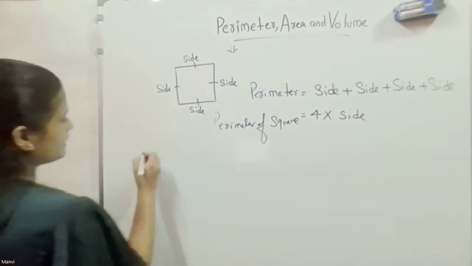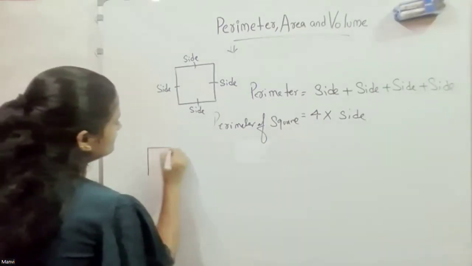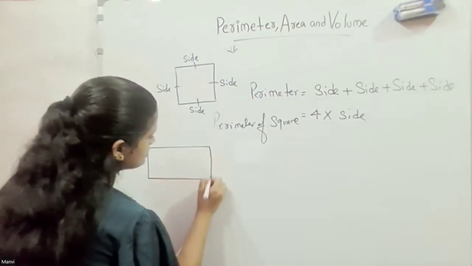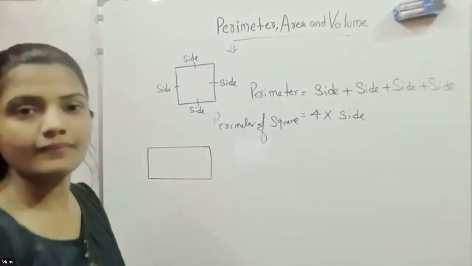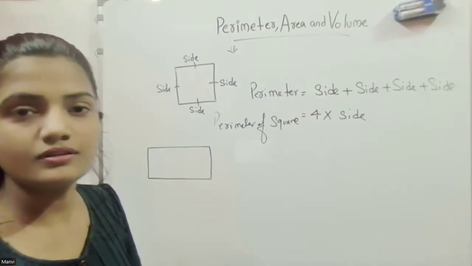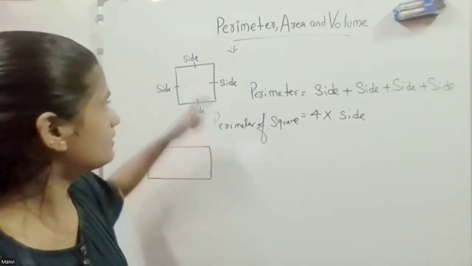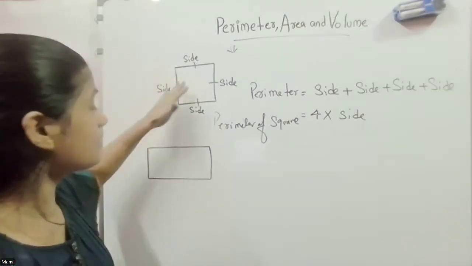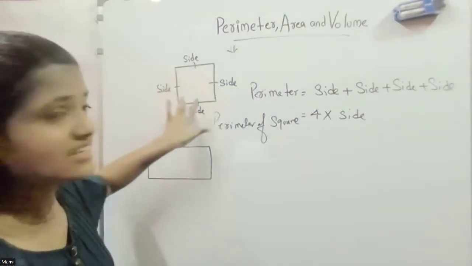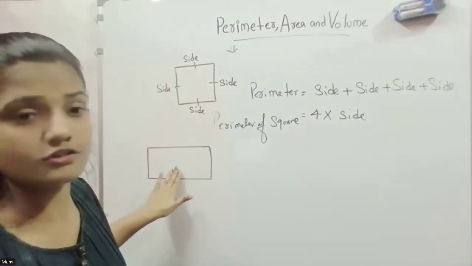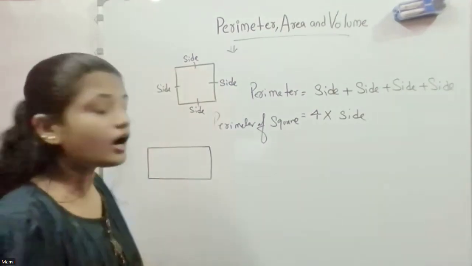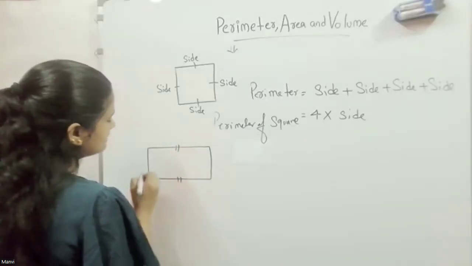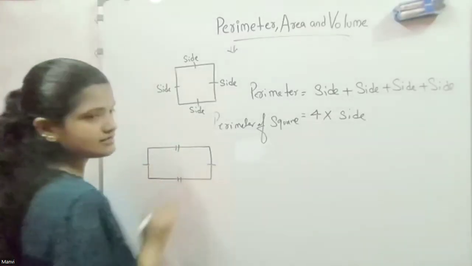Now, come to rectangle. In rectangle, are all sides equal? Like square, but it's a longer shape. Rectangle is just like square, but the difference is that in a square all sides are equal, while in a rectangle only the opposite sides are equal. This side equals that side, and this side equals that side.